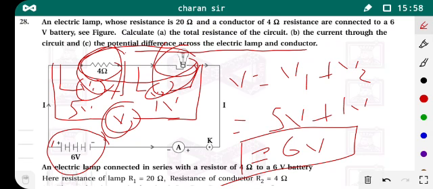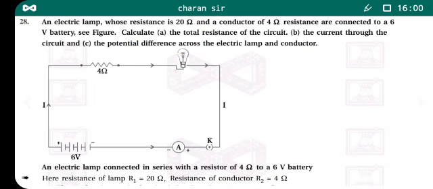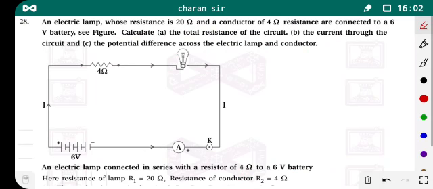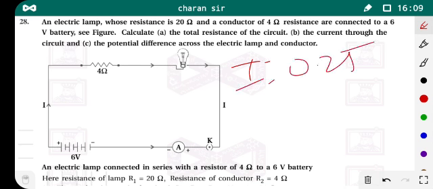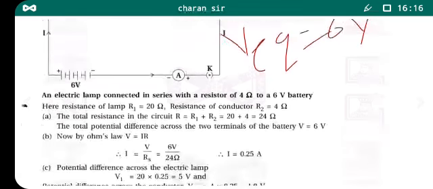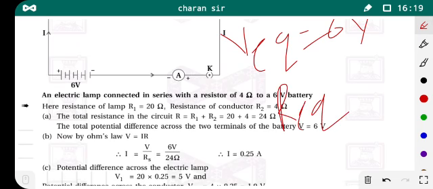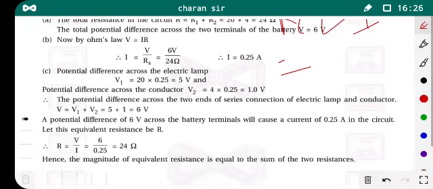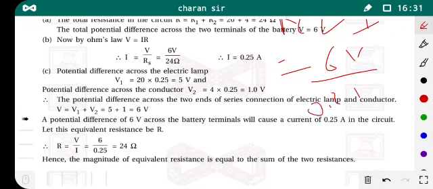We can also verify that the resistance across the two conductors is the summation of the individual resistances. We can verify that because we have found the I value, that is 0.25, and our equivalent voltage is 6 volts. So you can find the equivalent resistance, which from Ohm's law is V by I. Put the value of V, 6 volts, and the current 0.25.